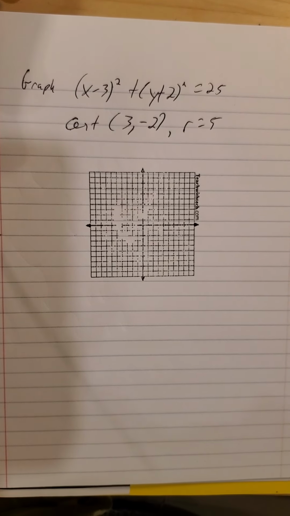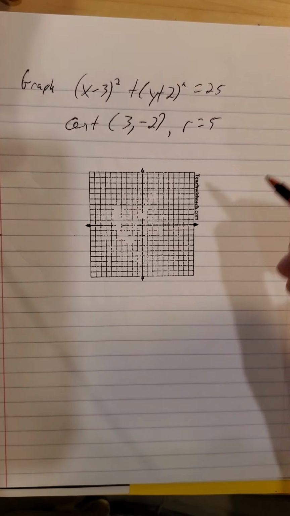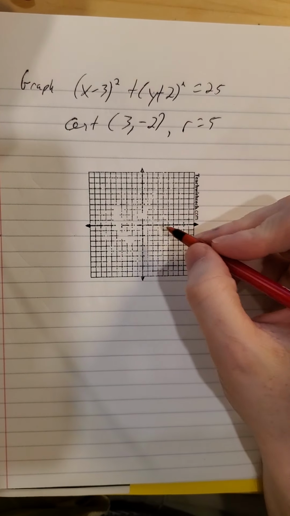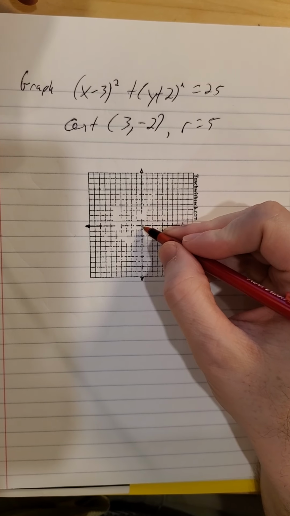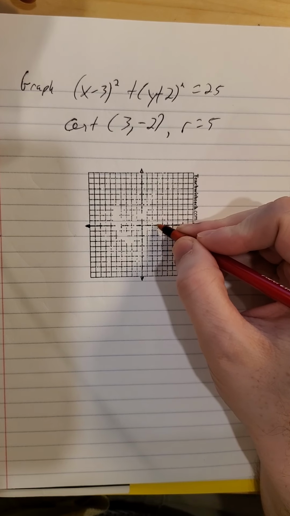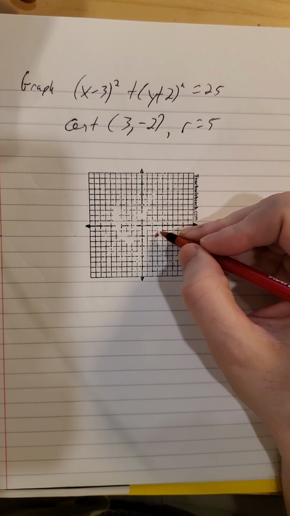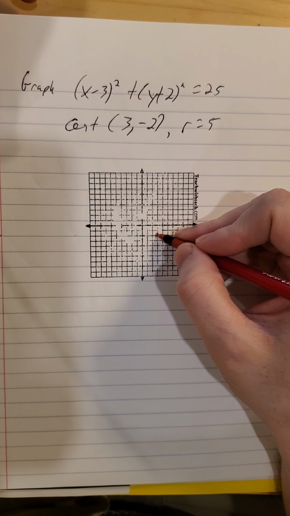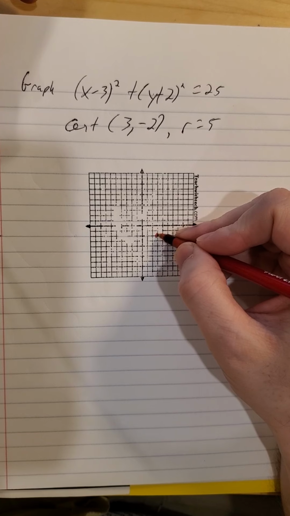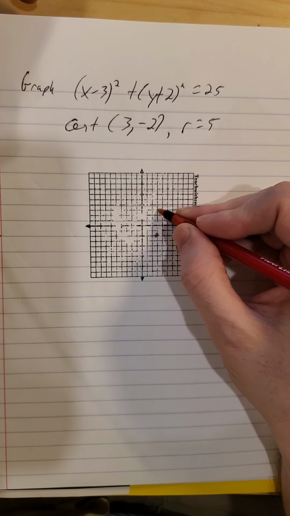I'm going to assume that not all of you have one of these sitting at home, so I'm not going to require them, of course. But it'll help me give you at least a little bit better of a sketch. So (3, -2), so to the right 1, 2, 3, down 1, 2. And then 5 in each direction usually gives you a sufficient amount of points to sketch in the circle.